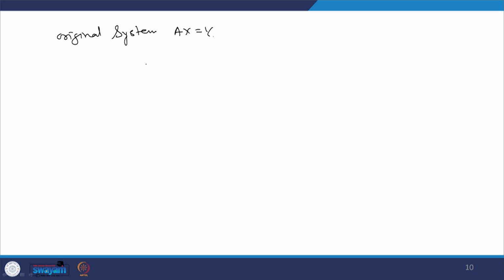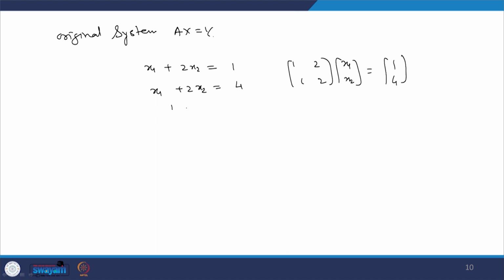See, for example, if I take x1 plus 2x2 equal to 1, and again x1 plus 2x2 equal to say 4, then if I do the elementary row operations on the augmented matrix, with rows 1 2 1 and 1 2 4, I will get 1 2 1 and 0 0 3.